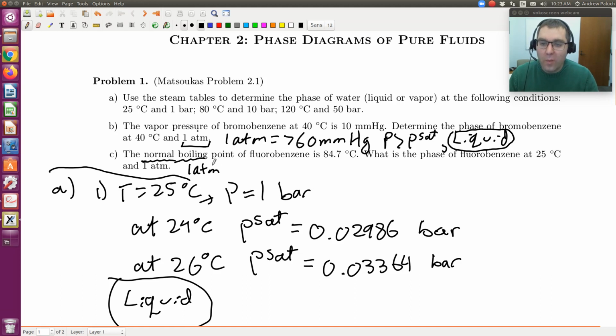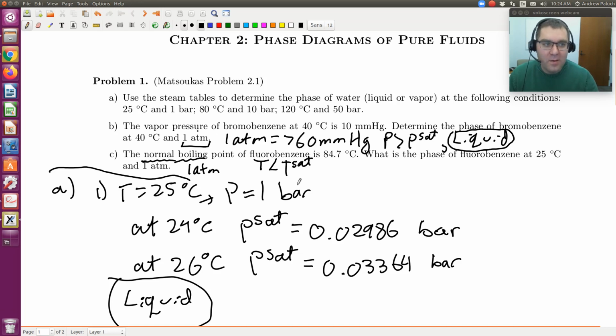Okay, so the normal boiling point of fluorobenzene is 84.7 degrees C. So at 1 atm, at atmospheric pressure, fluorobenzene boils at 84.7 degrees C. So that's equivalent to saying at 1 atm, Tsat, my saturation temperature, is 84.7 degrees C. So now if I'm at the same pressure but my temperature is lower, so now I have T less than Tsat.